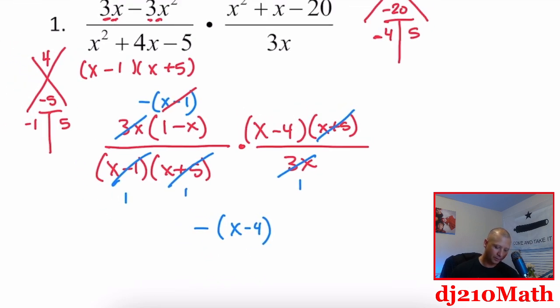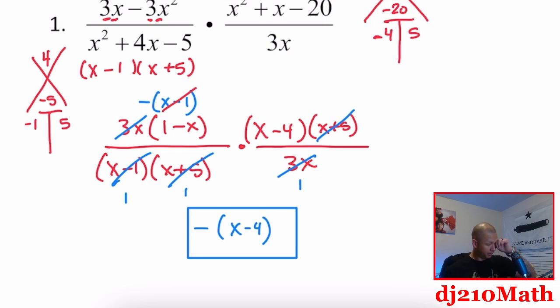All right, so when things cancel, it's just a 1. So final answer. But that was a good point that I brought up about the x minus 4 and x plus 5. When there's binomials, you can't just cross out the x and not whatever's being added or subtracted to it.